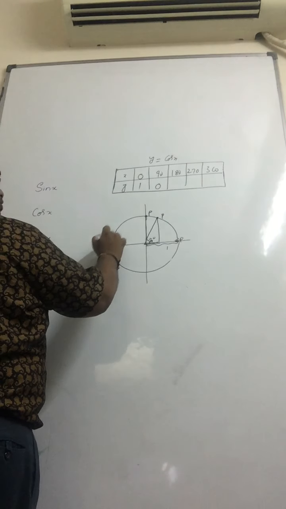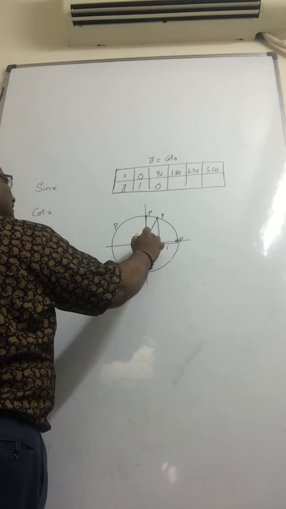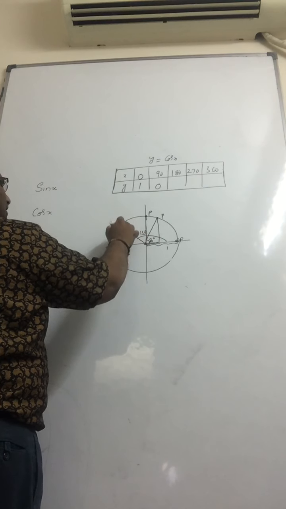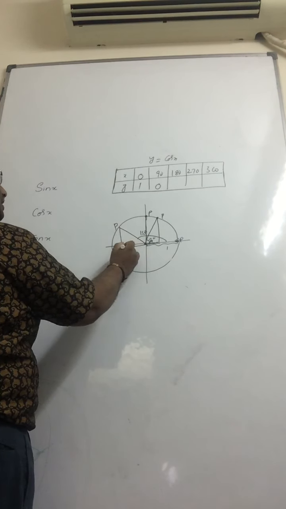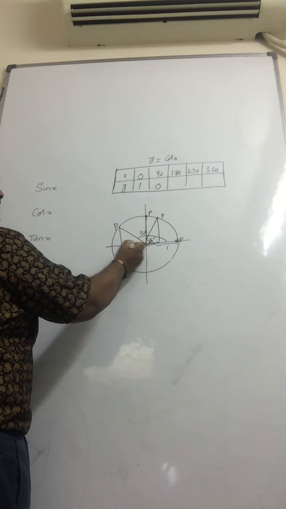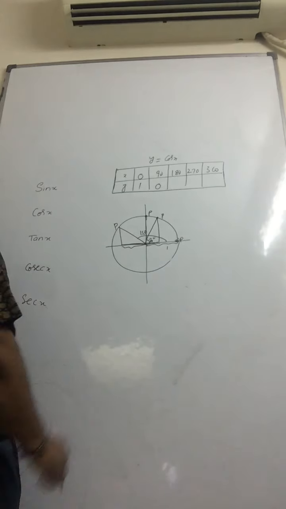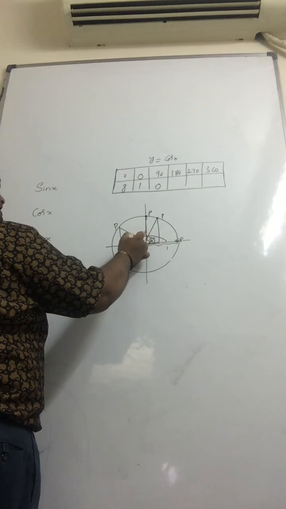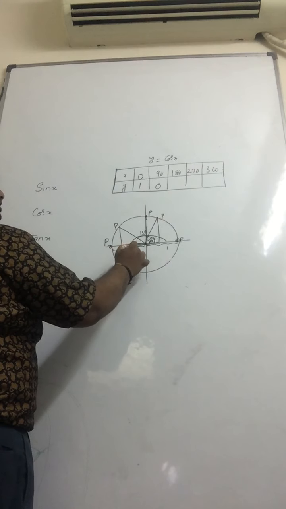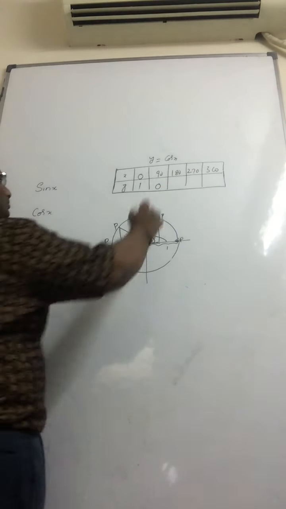Right? If point P happens to be here, say 135 degrees, drop a perpendicular through P to the X axis, this will be the cos 135, the X coordinate of P. If it is 180 degrees, the point will be here, so the X coordinate is minus 1.